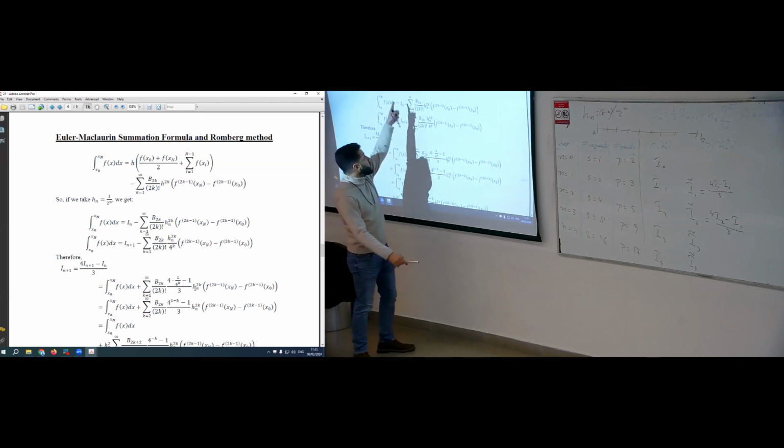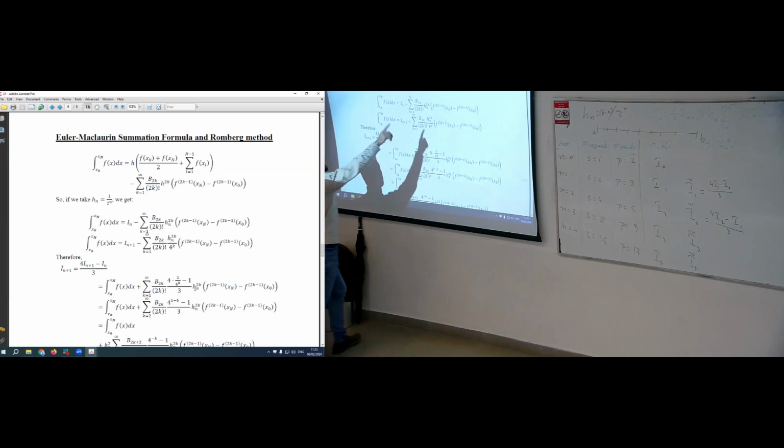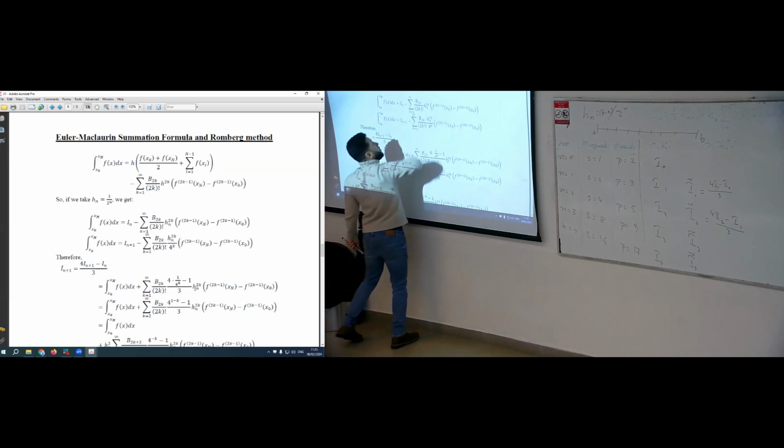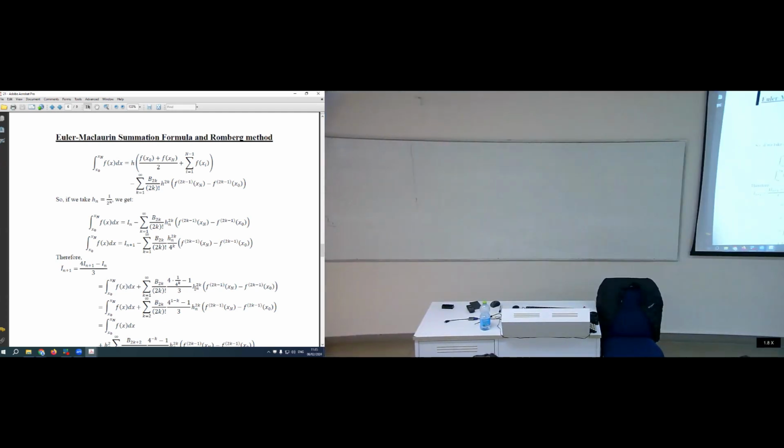Now, this correction, I can write it up to an order p, and add another correction, which is an integral using Bernoulli polynomials.